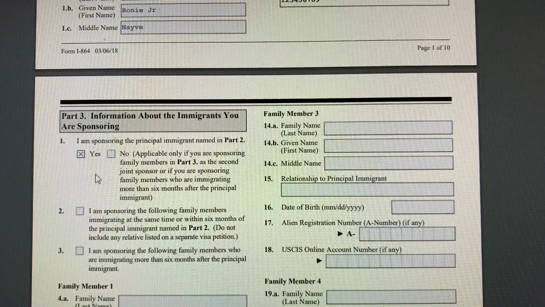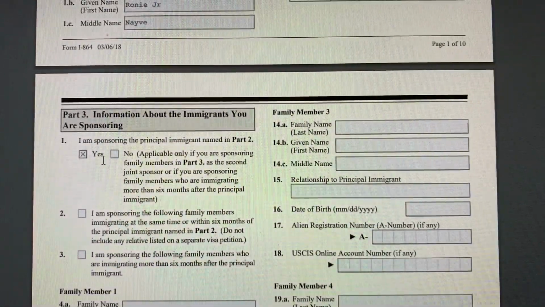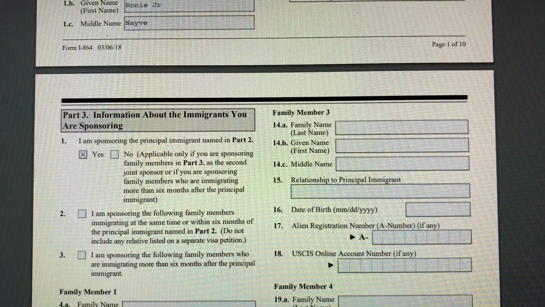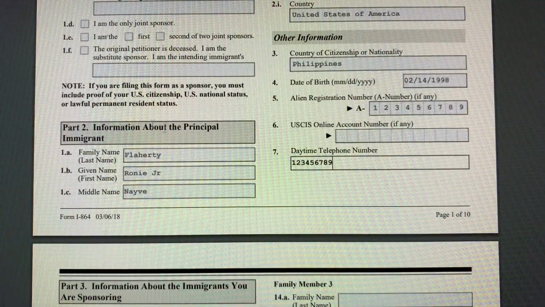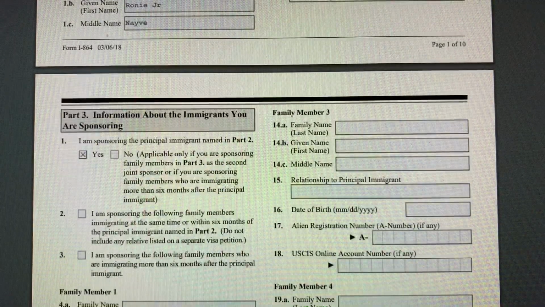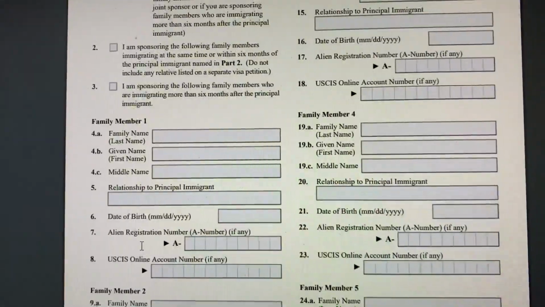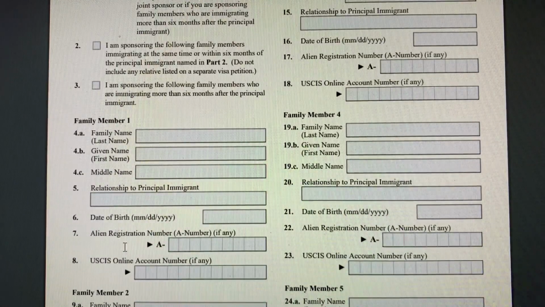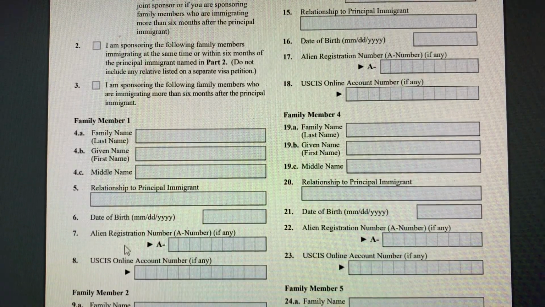So Part 3, Information About the Immigrants You're Sponsoring. I'm sponsoring the principal immigrant named in Part 2. Yes, I put yes on it because I already provided my name here in Part 2. Again, guys, this is case-to-case basis. Okay, you don't need to follow me, but take me as your guide through filing this form.